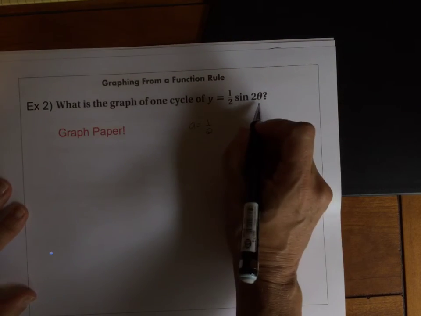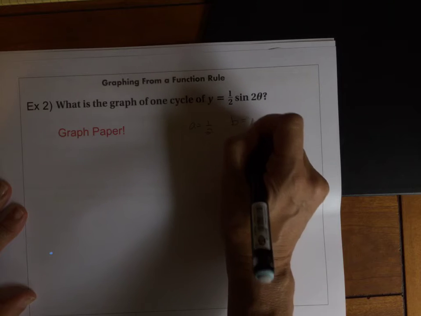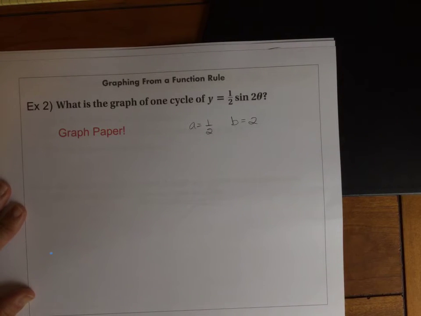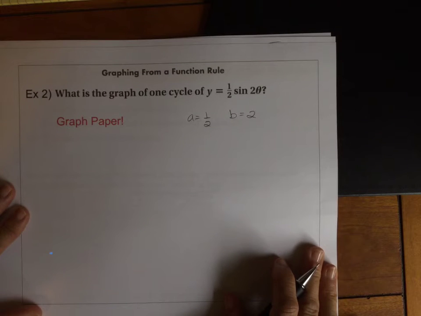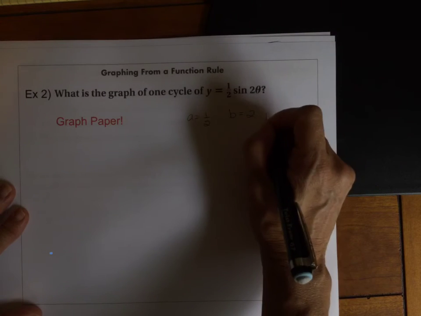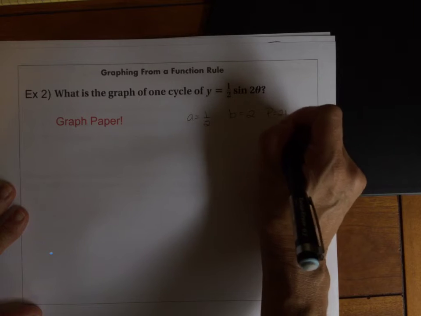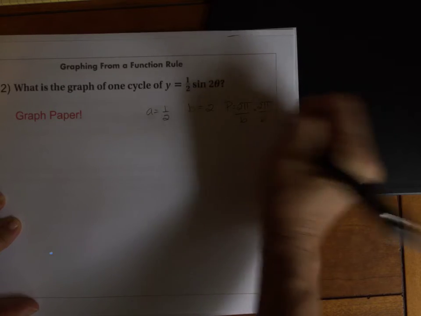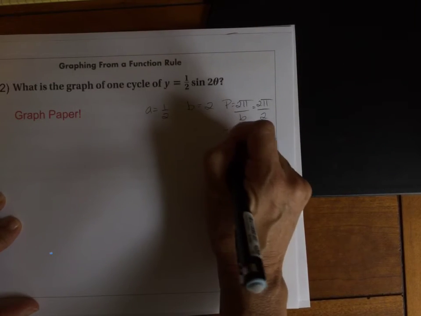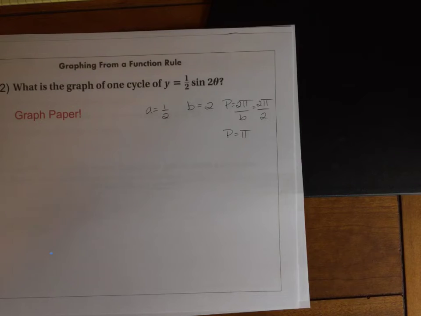But we don't know what our period is. We know B. B is 2. So in that case, we can find the period. So period is 2 pi over B. So we're going to have 2 pi all over 2. So my period is pi, and that's how I'm going to set up my graph.